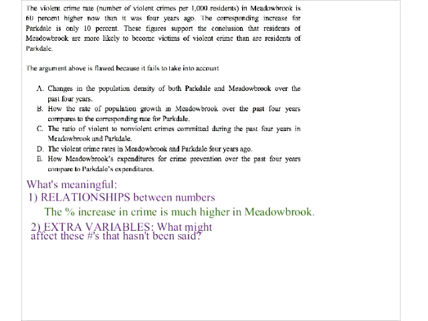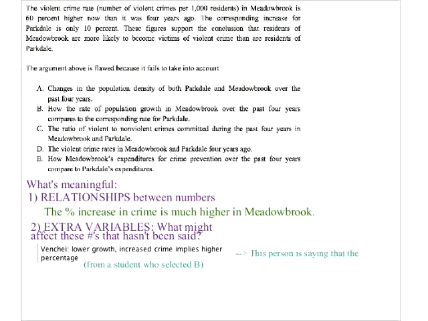So here is what one person said. This is from someone who picked answer choice B. This student is saying that the population itself is an extra variable that matters.